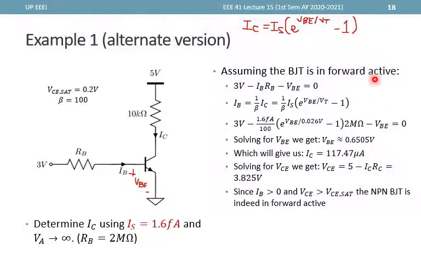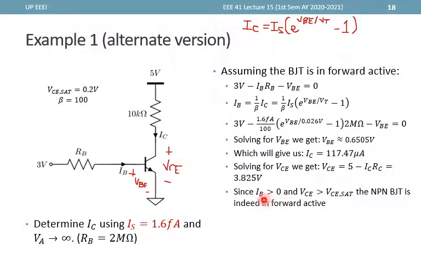And to verify if it is indeed in the forward active, we need to solve for VCE. But VCE is simply VCC minus the voltage drop here, which is RC IC. So VCE is equal to 5 minus IC RC, but we know RC is 10 kilohms, and therefore we can solve for VCE, and this will give us 3.825 volts.